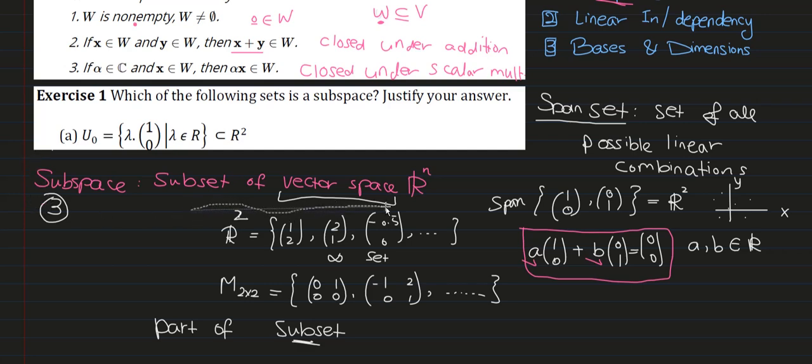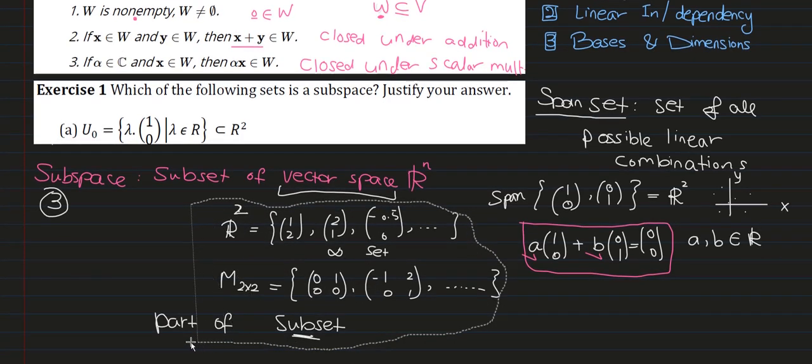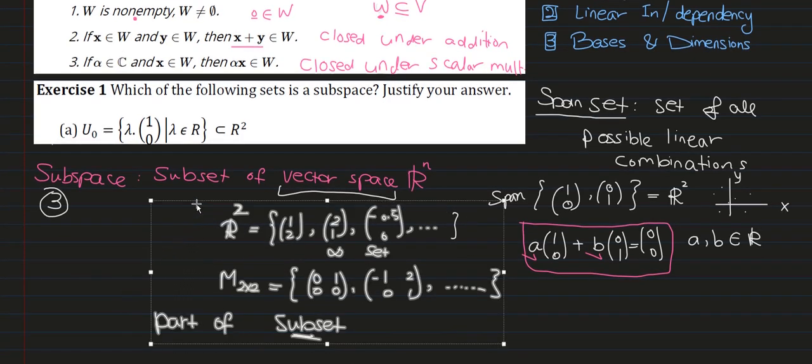I will just keep that the subspace is a subset of a vector space, which means it's part of it, and we now know examples for the vector spaces. It can be the set of R2 that includes all the points in two dimensions, or we can see them as vectors of two dimensions, or R3, which is all possible vectors that exist in R3.